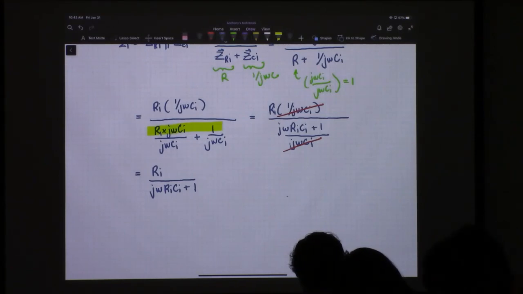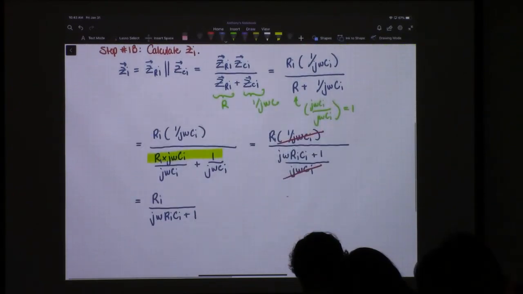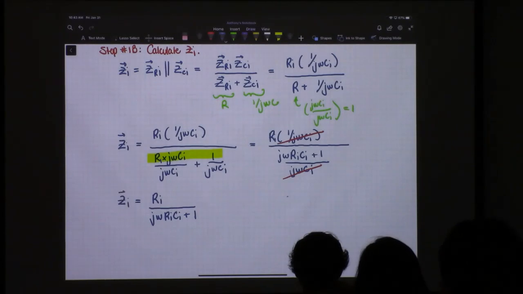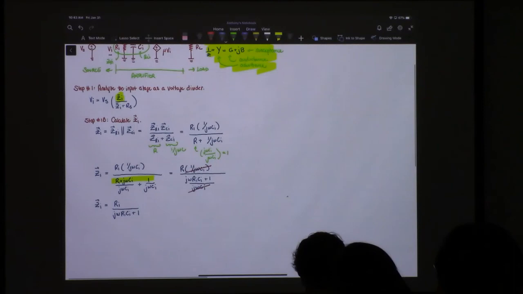Okay, now, what I'd like to do is just try to get the input stage done. So this is Zi. If I can zoom out for a second, we can take this value right here, and we can plug it in right here in the Zi up above.